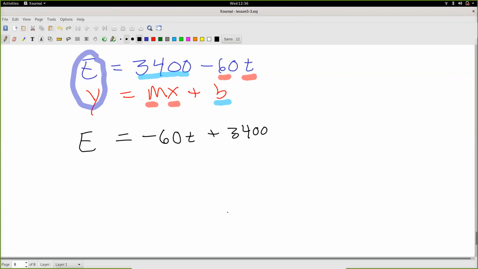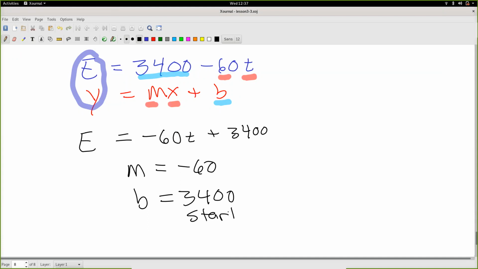So I didn't have to rewrite it. I just chose to because I like the variable to go first and the plain number to go second. But what this is telling me is that the slope, m, is negative 60. B is the 3,400. So B must be the starting value.